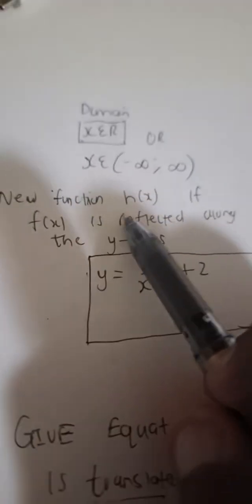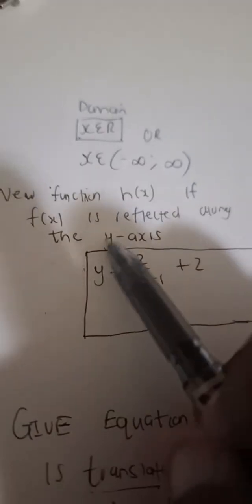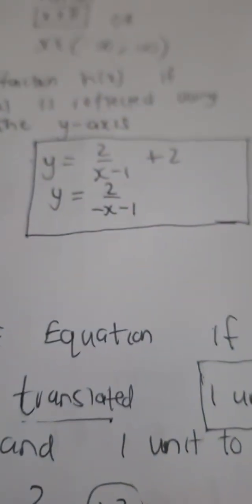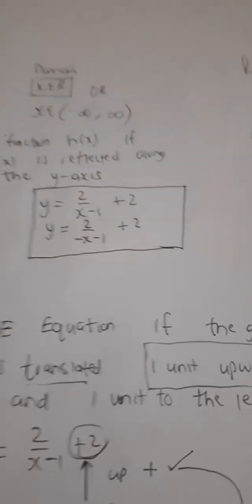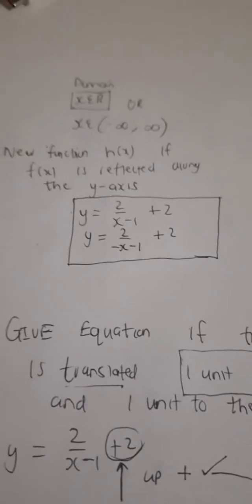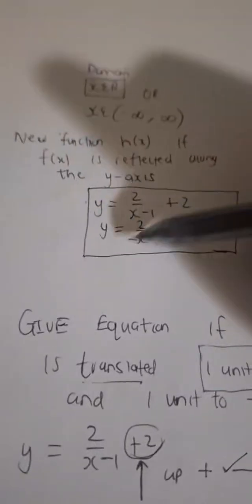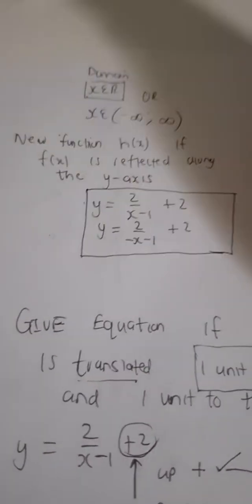So if we are reflecting along the y-axis, who's changing? It's x, right? So we say y is equal to 2 over this x value, we write it as negative x minus 1, and then we write this plus 2. Now remember, we don't usually have this negative sign in the denominator.